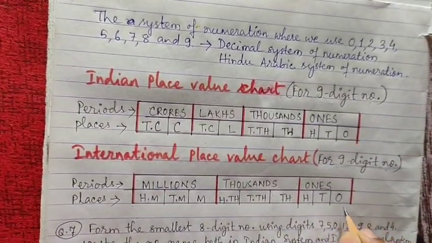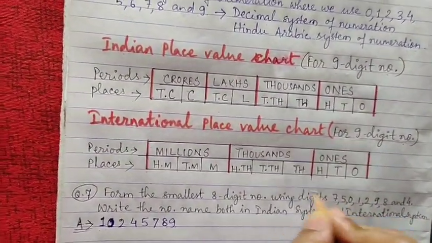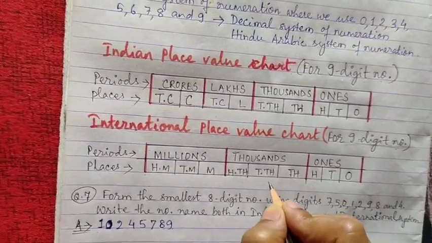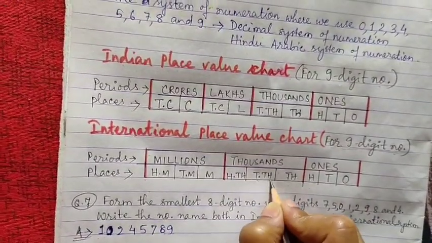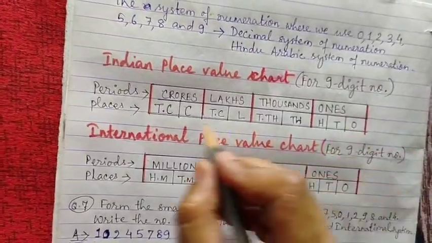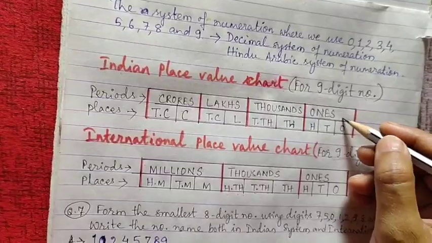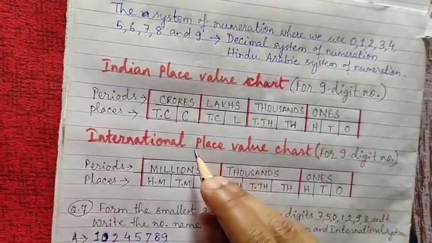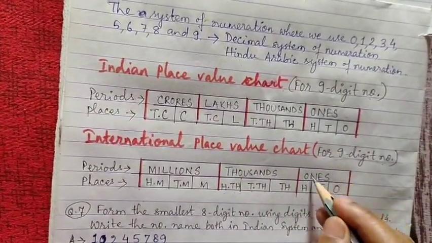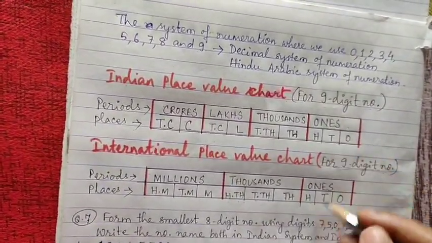The first place is ones place, second is tens place, third is hundreds place, fourth place is thousands, fifth place is 10,000 and sixth place is 100,000. Now you see, in the Indian number system or place value system, ones period contains 3 places. In the international place value chart also, ones period contains 3 places. Same: ones, tens, hundreds.